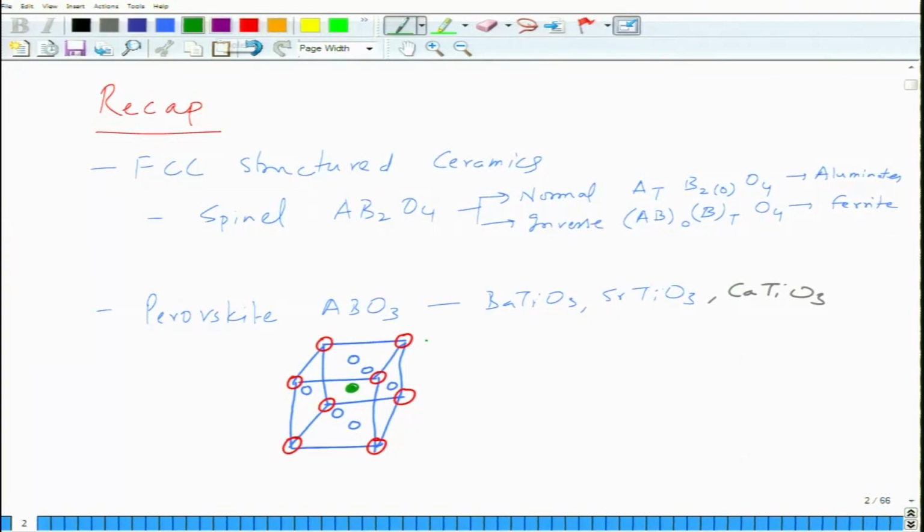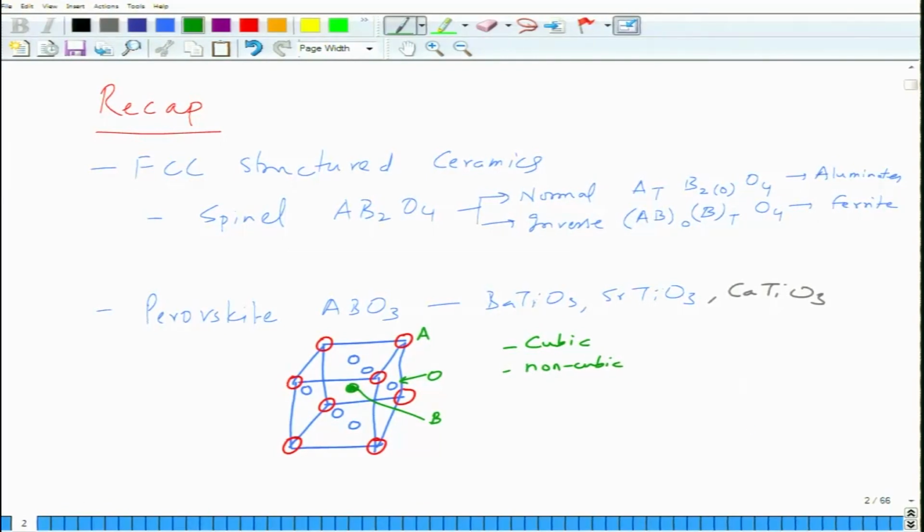So, this is A, this is B, and this is O. Perovskites exist in both cubic and non-cubic forms. What I have shown you here is cubic. So, it is basically a primitive cubic lattice.